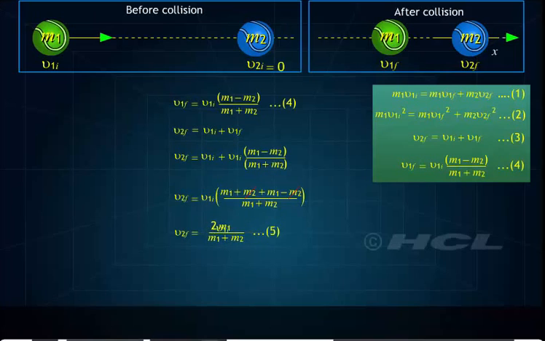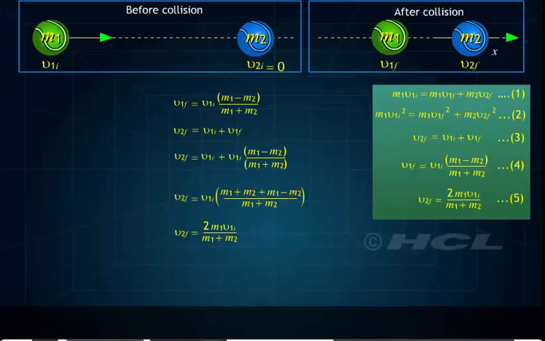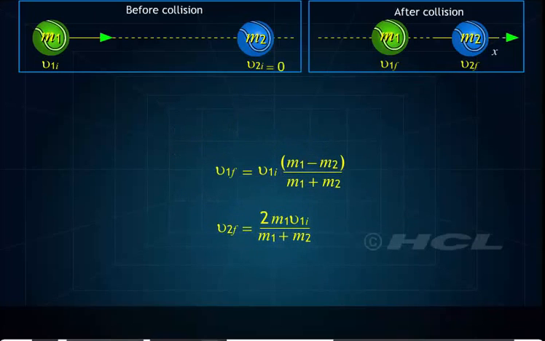So v2f equals 2 m1 v1i by (m1 plus m2). Thus the equations are v1f equals v1i into (m1 minus m2) by (m1 plus m2), and v2f equals 2 m1 v1i by (m1 plus m2).